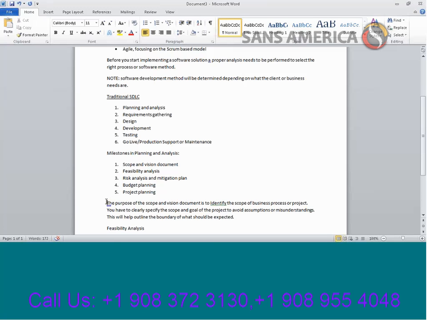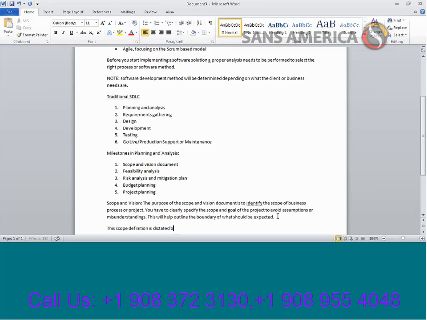But the question is, who is going to define the scope? Who is going to say that, okay, these are the business processes, we should automate them? The scope definition is dictated by the subject matter experts or the client. Always. I repeat, the scope definition is dictated by the subject matter experts.